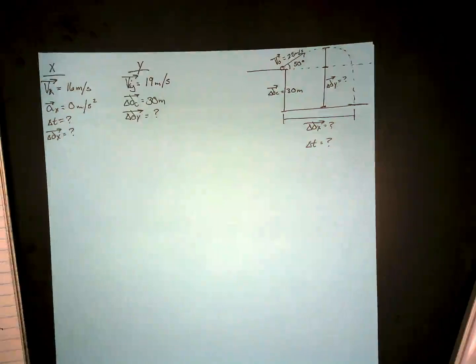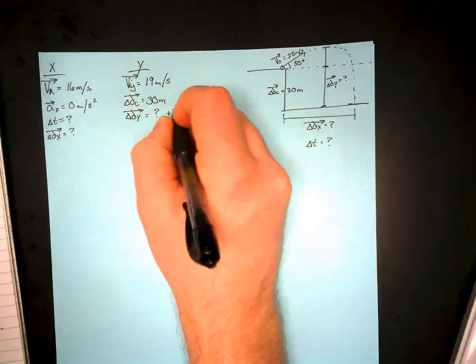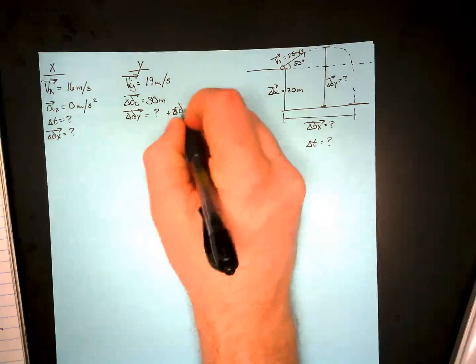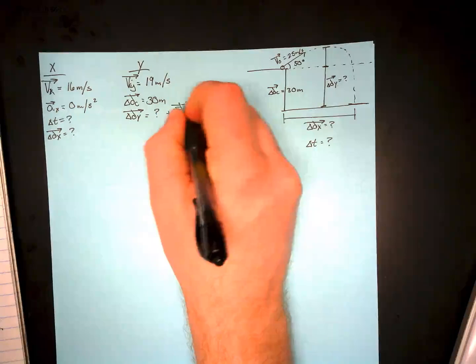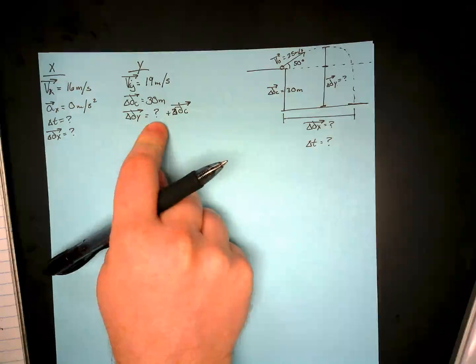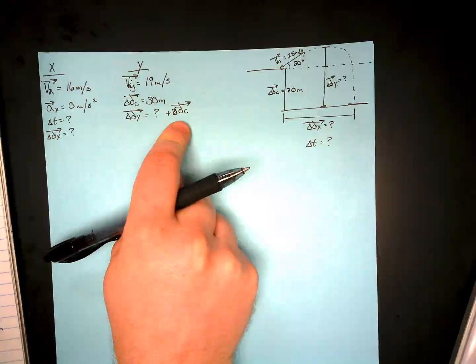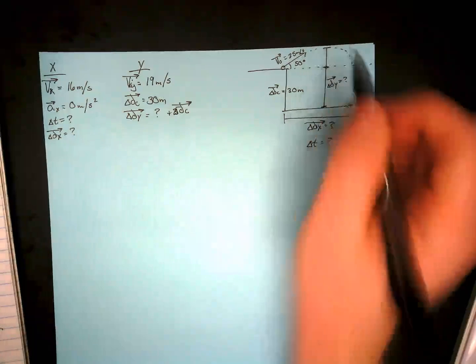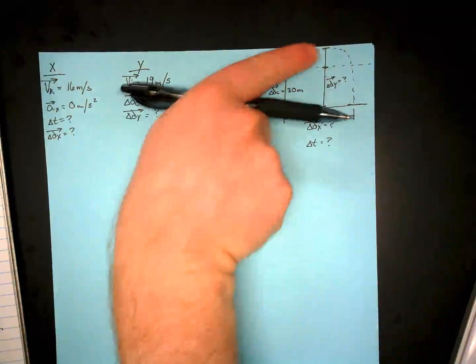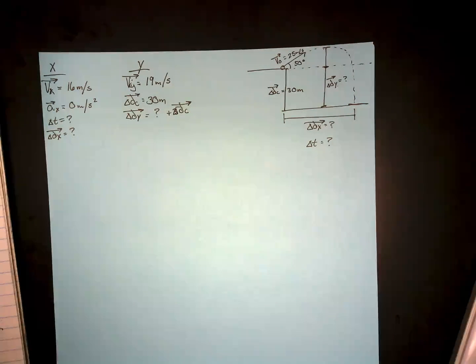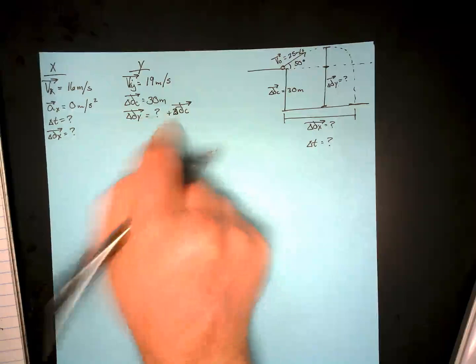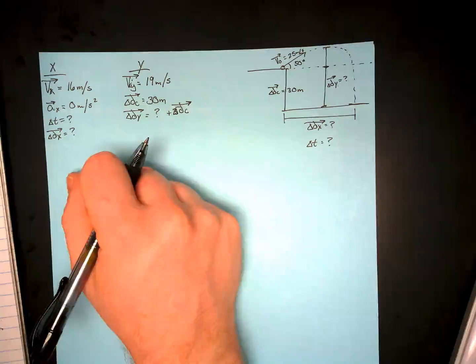We don't know that yet, but it's going to be the displacement, the d of y is whatever we're solving for, plus the delta dc. Because what we're going to solve for is this distance to this distance, from here to here. That's how I'll write it. I don't normally write it like that, but I'll write it for this video.